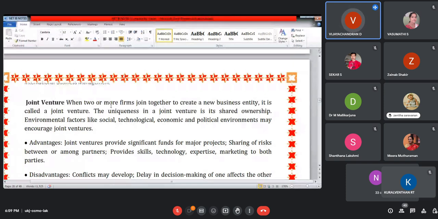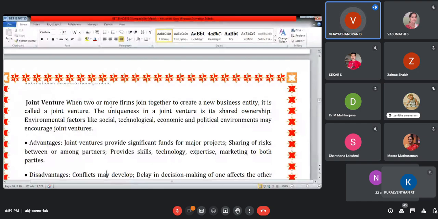Whereas in the case of a joint venture, the two companies will continue to exist and they will do the business combinedly. That is known as a joint venture. They will share the ownership. And the environmental factors like social, technological, economic, and political environments may be encouraged with the help of the joint venture. The example is Hero Honda.